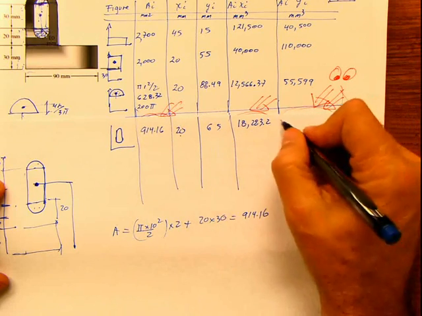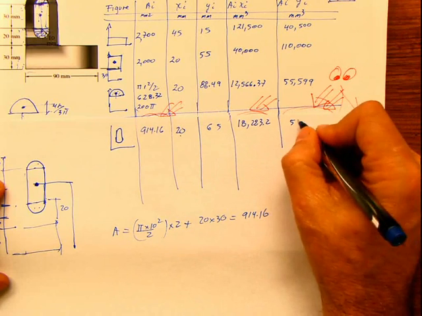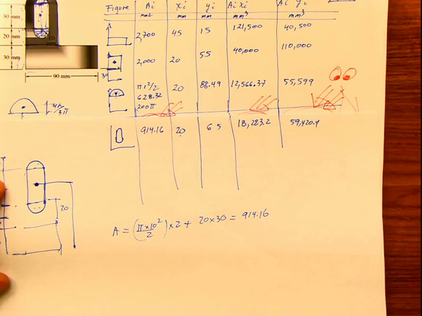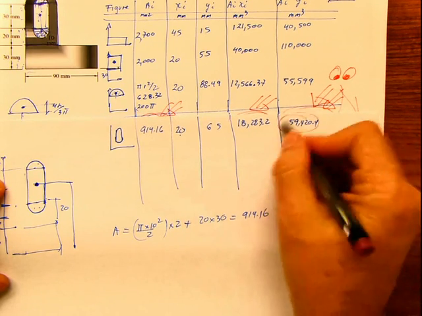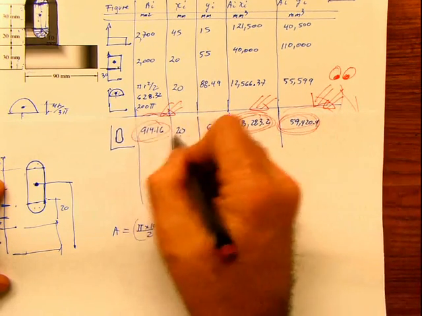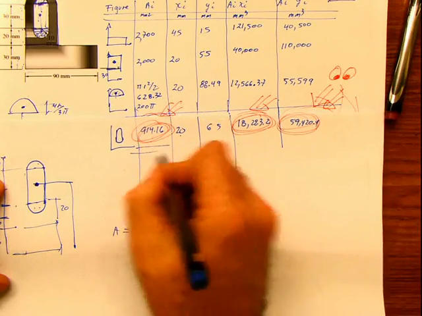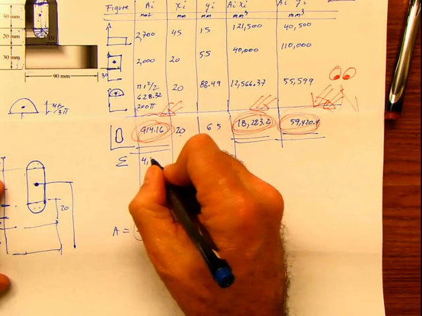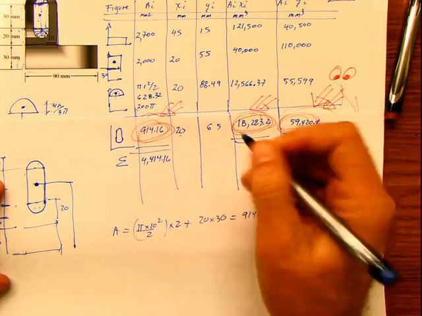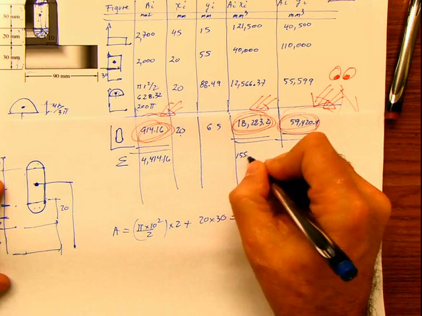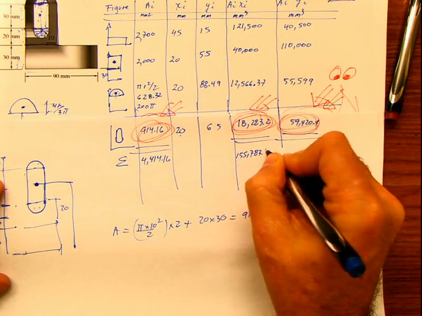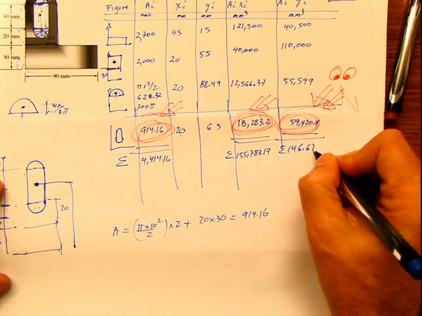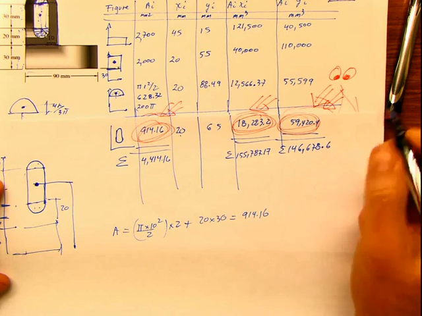Multiply this times this, and that will be 59,420.4. Remember to calculate the summations: 4,414.16, 155,783.17, and 146,678.6.